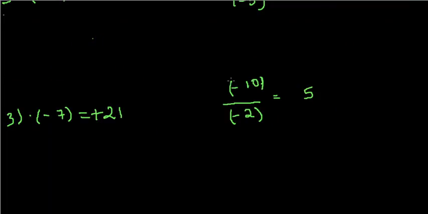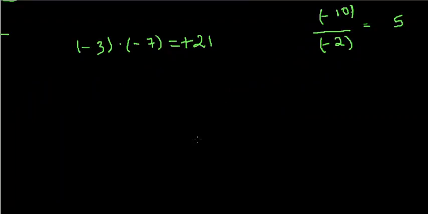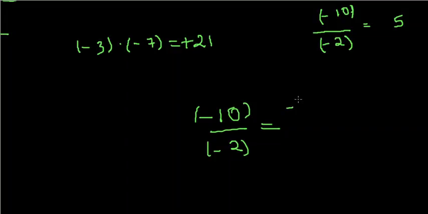Now for division, we can explain why this is, with just a little quick example. Let's take our example of negative 10 divided by negative 2, and put the parentheses over here. What is negative 10? Negative 10 is equal to negative 1 times 10, just like 10 is equal to 1 times 10. And negative 2 is negative 1 times 2.